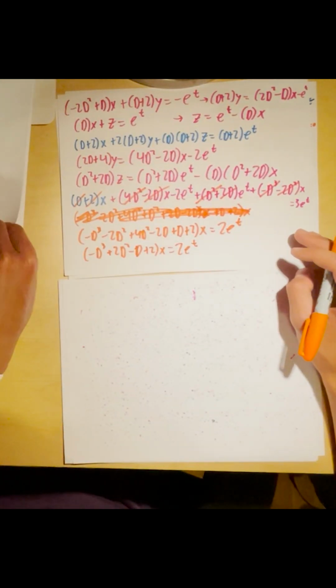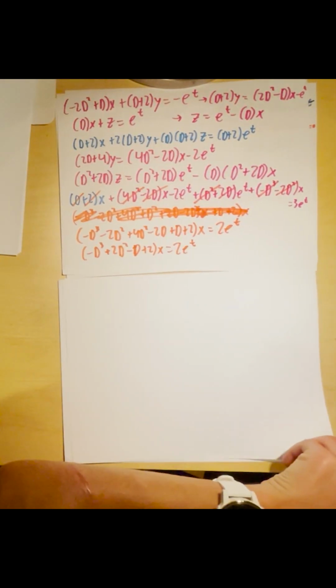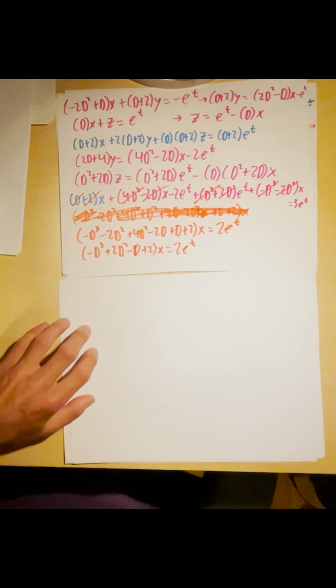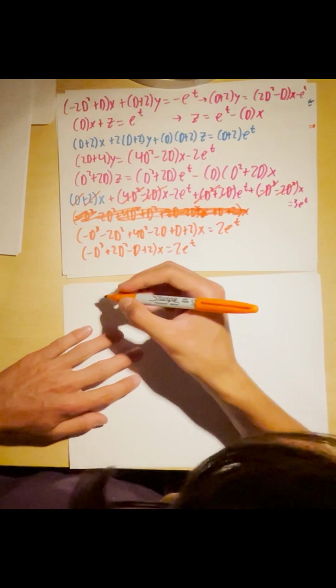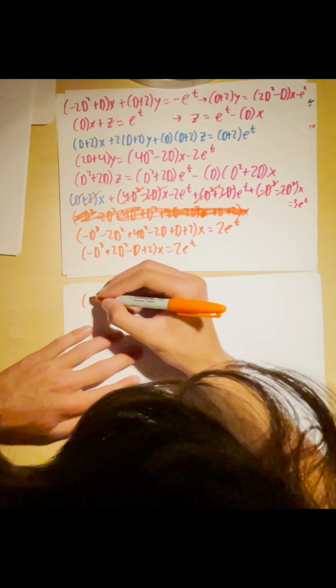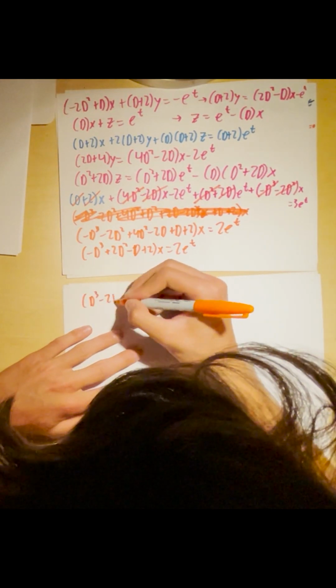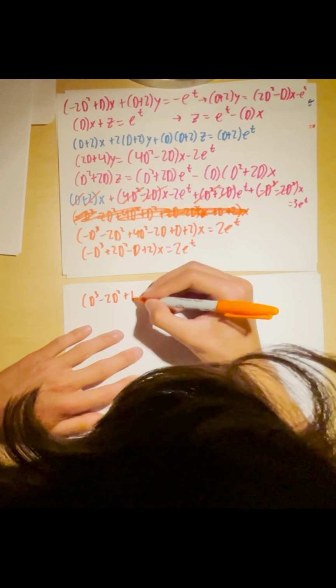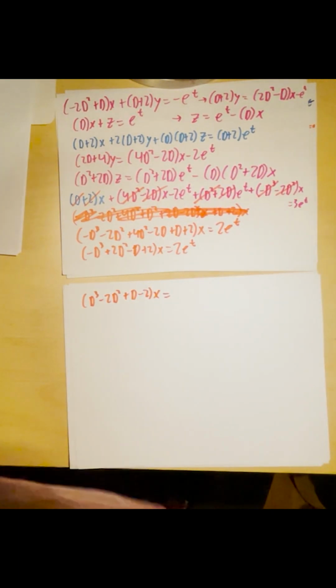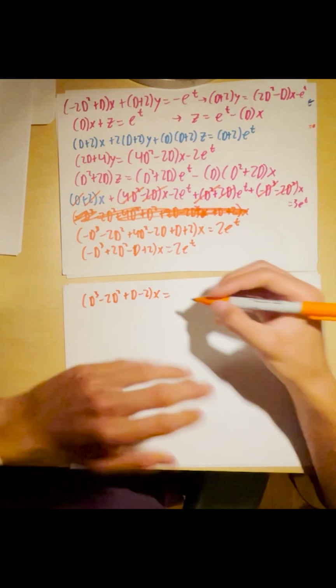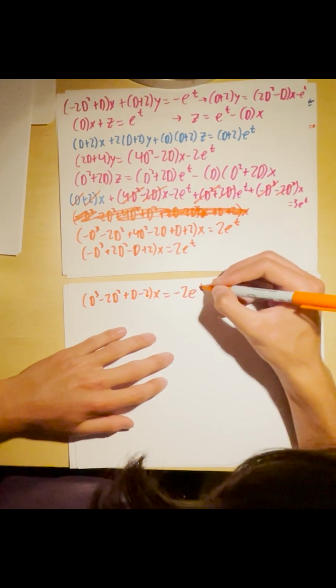And this looks familiar, and it's familiar because we did the same thing for y. I'm gonna multiply this all through by negative 1 now, so it really looks similar. D cubed plus d minus 2 times x. So this is the same as what we did with z. We just found z. And it all equals negative 2e to the t.